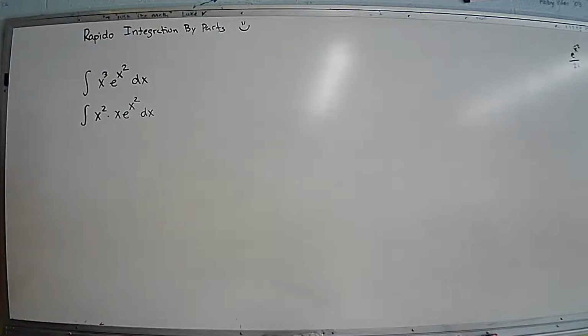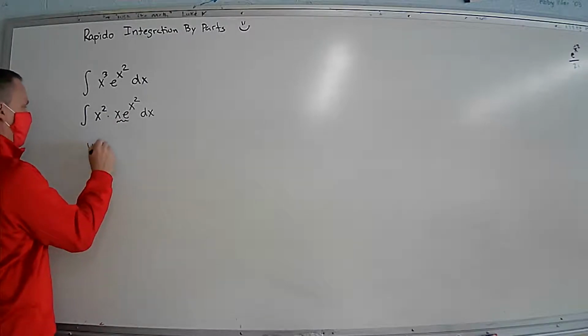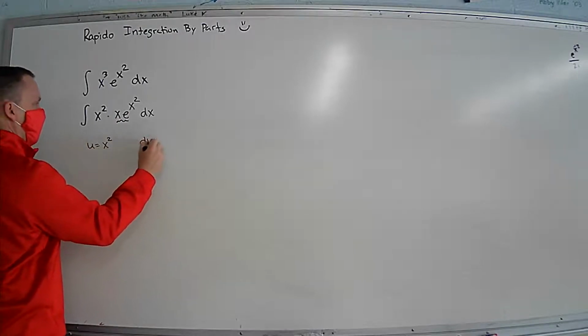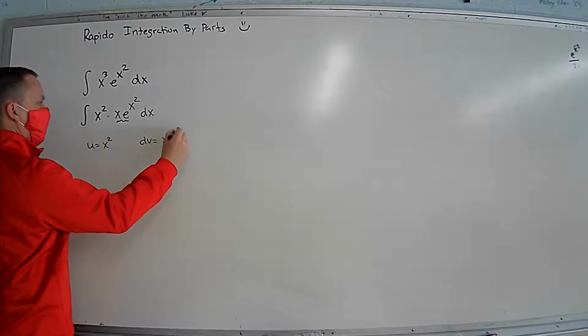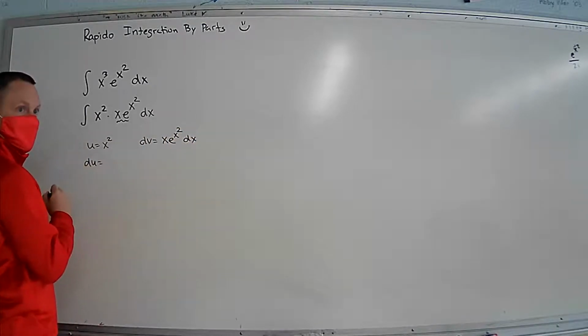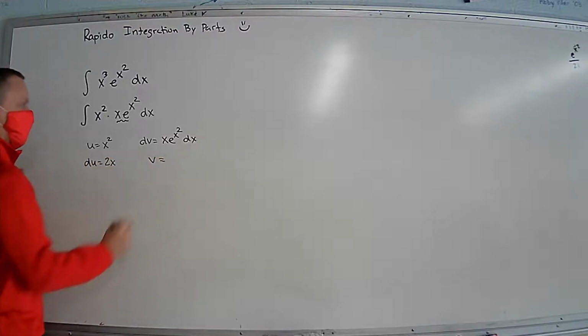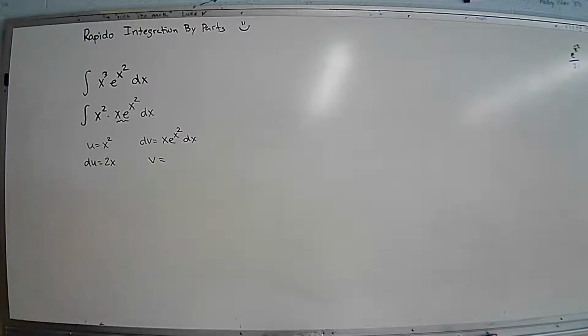Yeah? But now, this guy right here, if I let u equal x squared and dv equal x e to the x squared, what's du? 2x. And what's v? I can do that now because that can be done with this substitution.